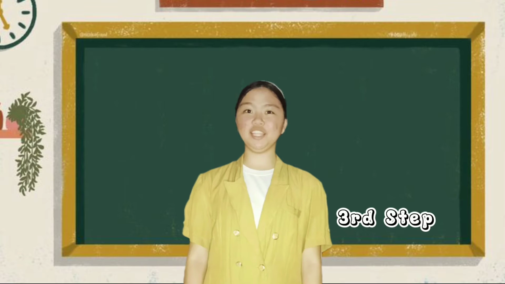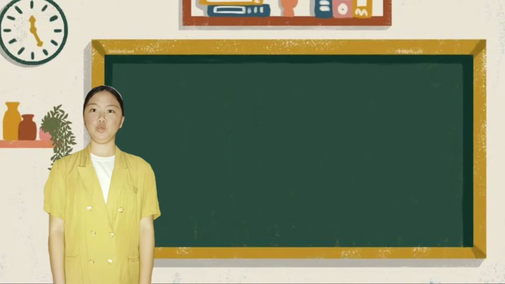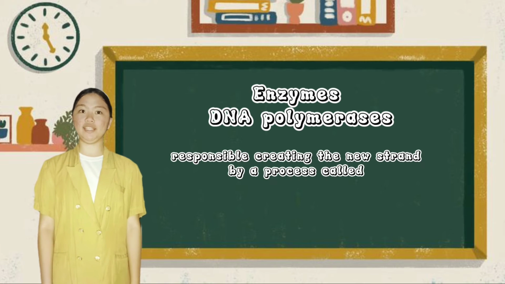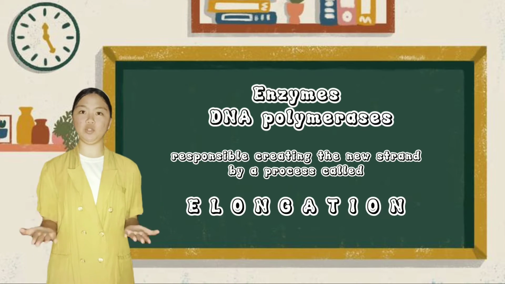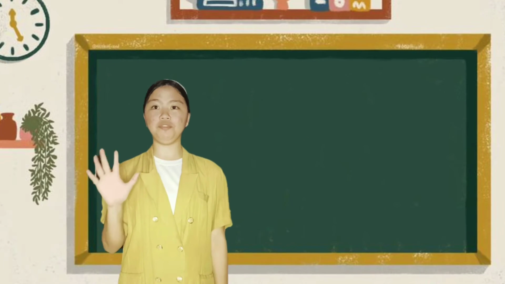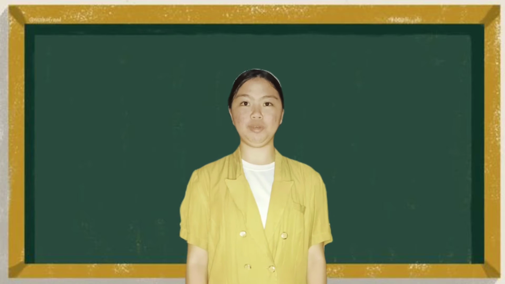Next, which is the third step, is the elongation. Enzymes, known as DNA polymerases, are responsible for creating the new strand by a process called elongation. There are 5 different known types of DNA polymerases in bacteria and human cells.